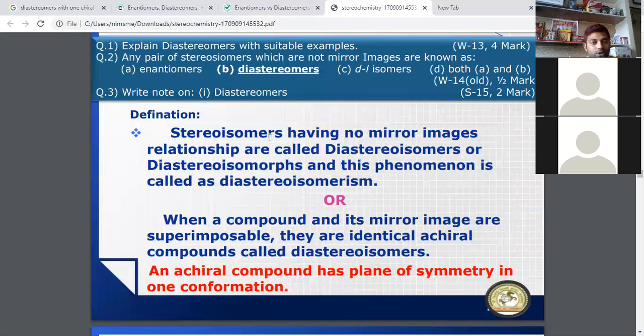These are stereoisomers that do not have a mirror image relationship. They are called diastereoisomers or diastereomorphs, and this phenomenon is called diastereoisomerism.